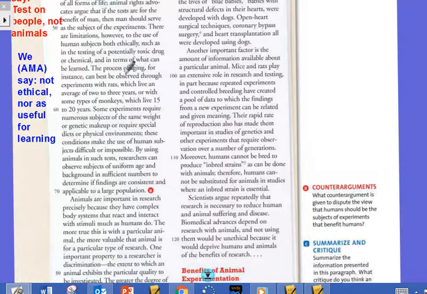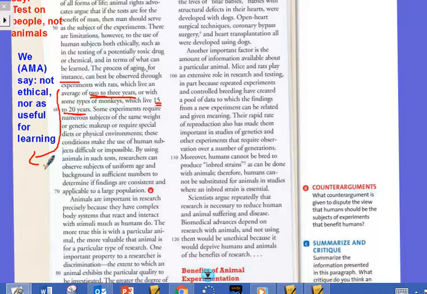"The process of aging, for instance, can best be observed through experiments with rats, which live an average of 2 to 3 years, or with some types of monkeys, which live 15 to 20 years." And how long do people live? People live too long for the researchers to see the long-term effects.